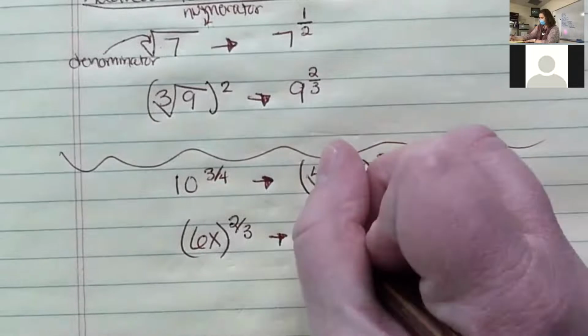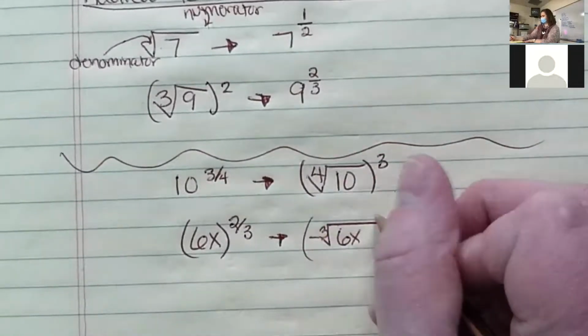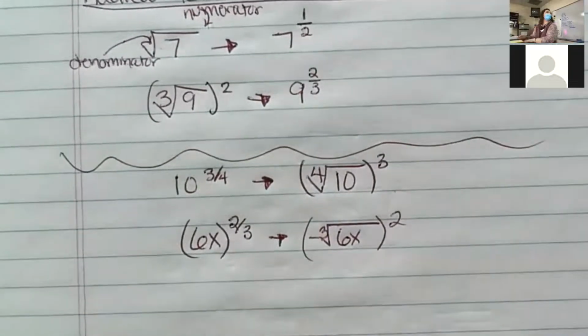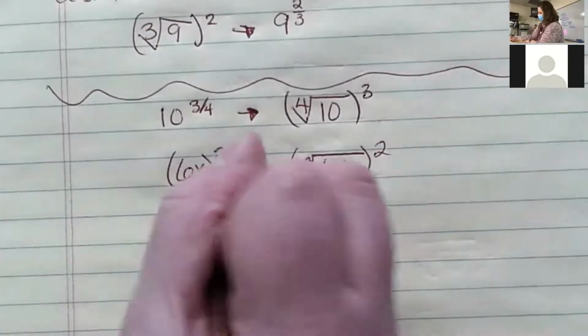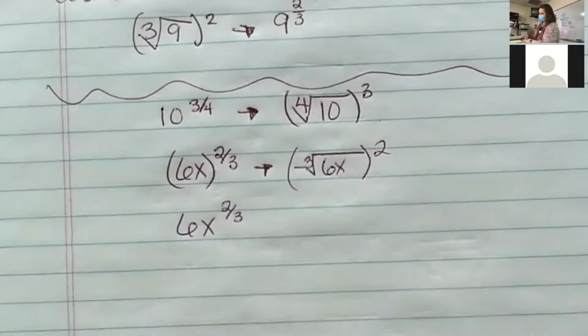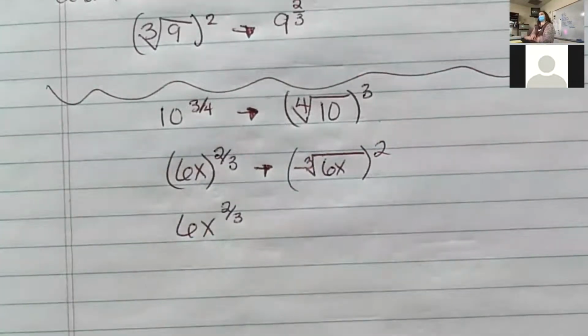The 3. And it's going to be raised to what power? The 2. Okay, I want to show you how important parentheses are, because now I'm going to have this. What is the only thing getting raised to that 2/3 power? The x. So I'm multiplying against that 6, right? So that 6 is not going to go underneath that root. That 6 is going to stay on the outside.